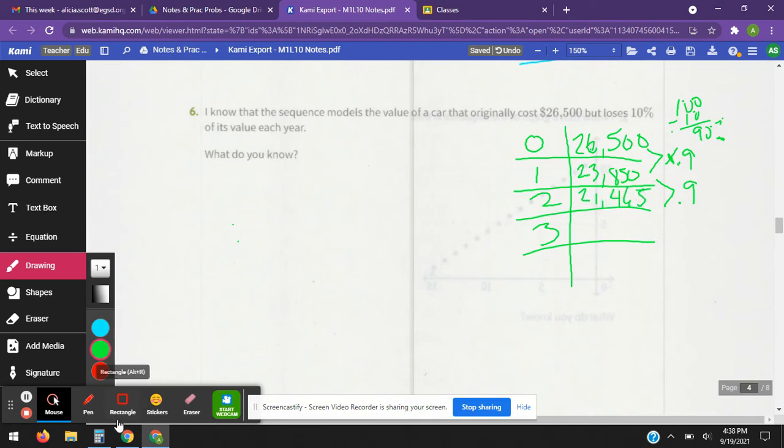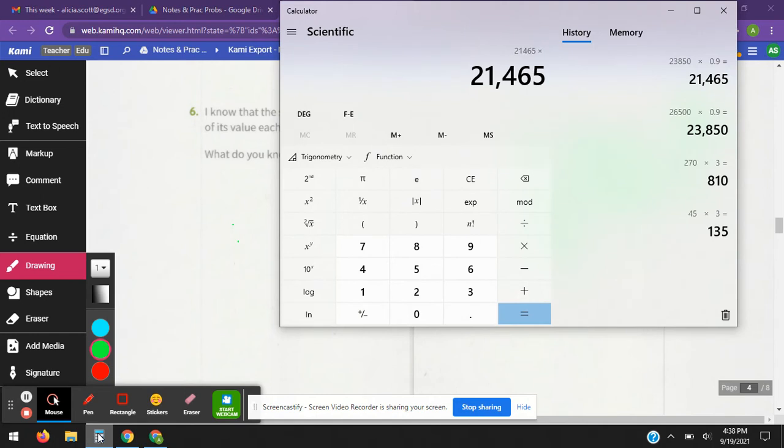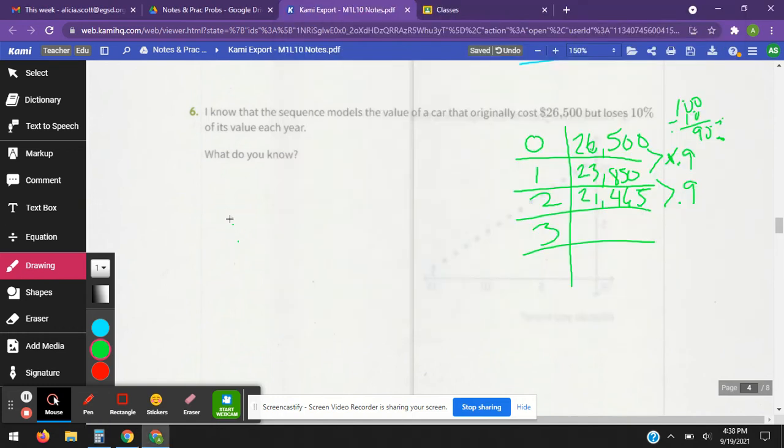And one more time, 0.9. 19,318. Actually, round up to 19,319. It's just a 0.5. It's the last one we're doing. We won't go too far into decimals. All right, there we go.